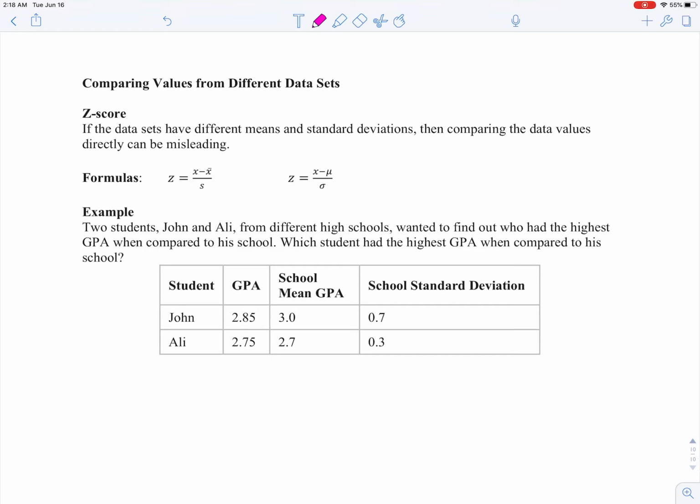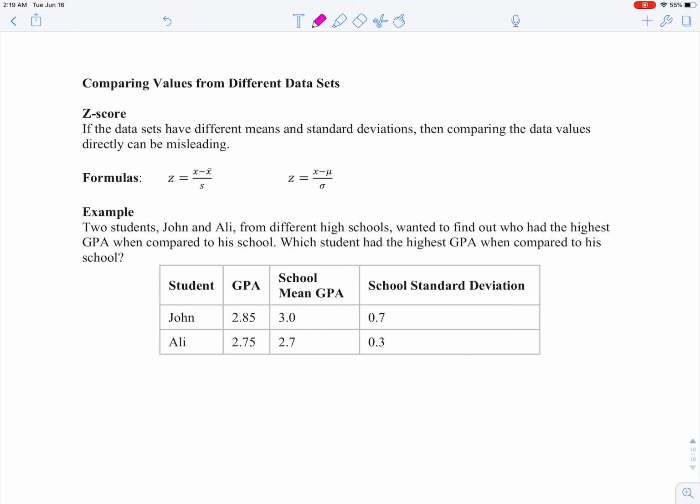Okay, one last concept for this chapter here. Comparing values from different data sets. So we're going to use something called a z-score. If the data sets have different means and standard deviations, then comparing data values can be misleading. In other words, you've heard that old phrase, you can't compare apples and oranges because they're two different things.